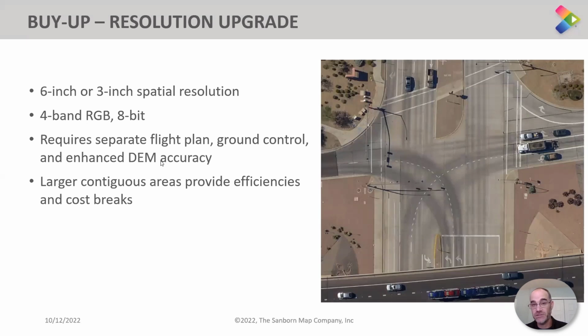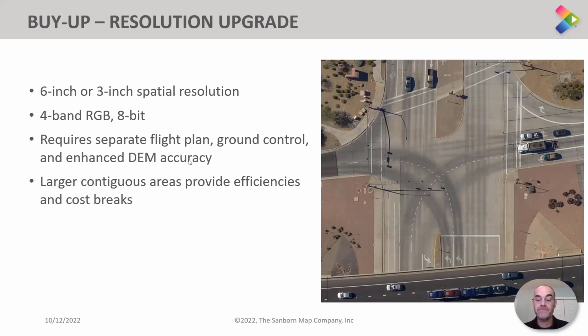We would fly it typically lower, about a third of the overall height lower for our aircraft, and with a different flight design and production design. Beyond that, the product itself is, in terms of deliverables, very similar, with the exception of increased accuracy and increased resolution.